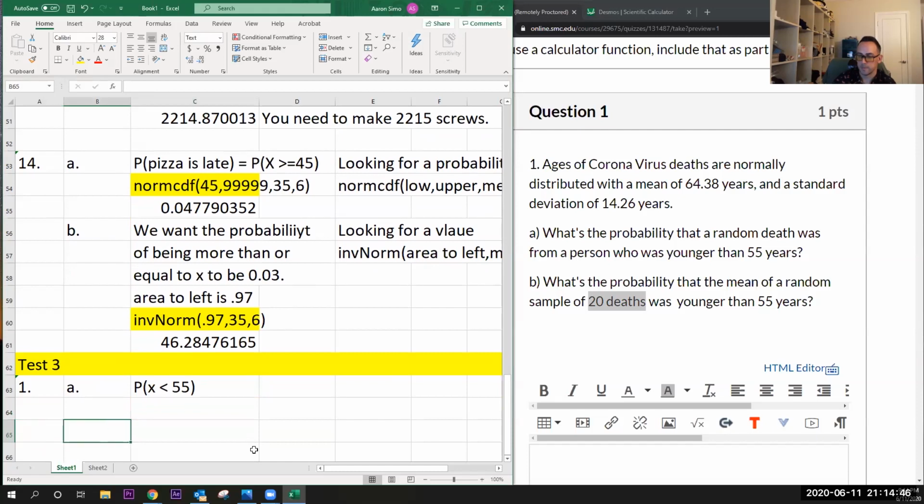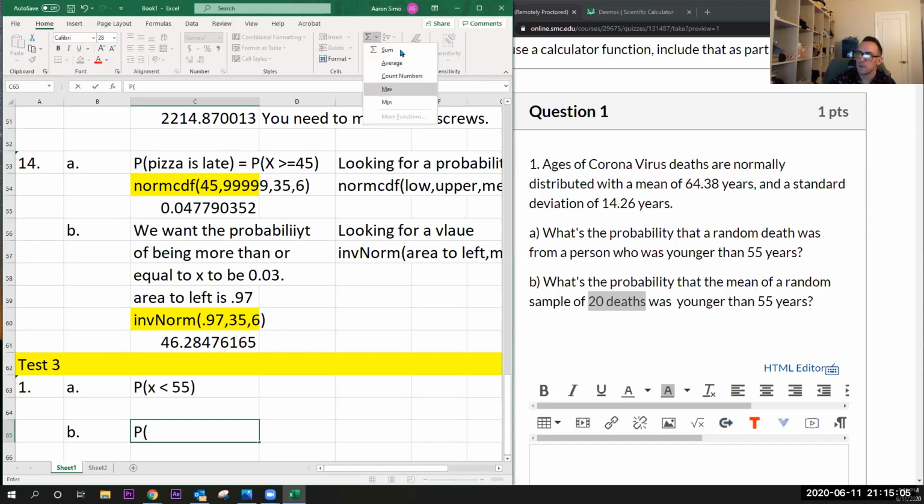But in B, it's trying to find the probability that X bar, the sample mean, is younger than 55. So that's the difference between A and B.